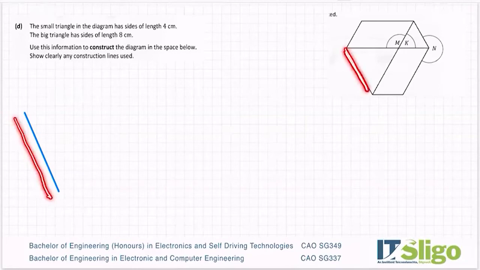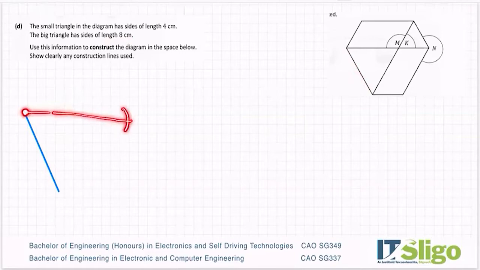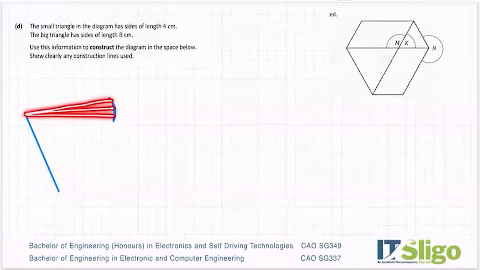That's this line here. I then use my compass to measure out 8 centimeters. And what you do is you put the needle of your compass in here and you draw an arc up here that's 8 centimeters long, okay? And the thinking being anywhere from this dot to anywhere on this arc would be 8 centimeters, okay?